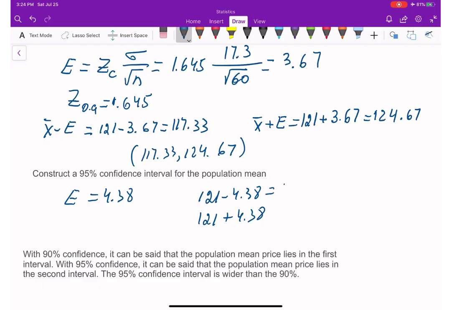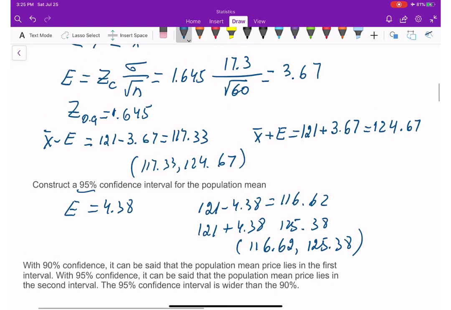And you'll get here 116.62 and 125.38. Okay, since I might as well finish, 116.62 here, 125.38 here. Okay, so the only difference here is you put 95%. You find the z critical for 95% instead of 90%, and it should be 1.96, I think. So plug in the data, calculate, and you will get it. Okay.